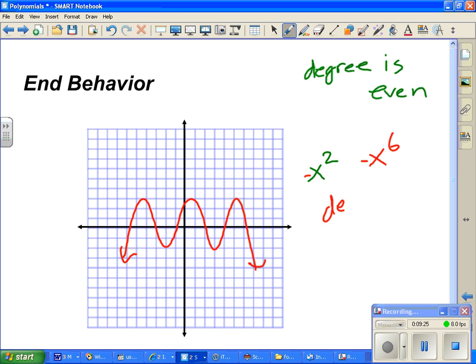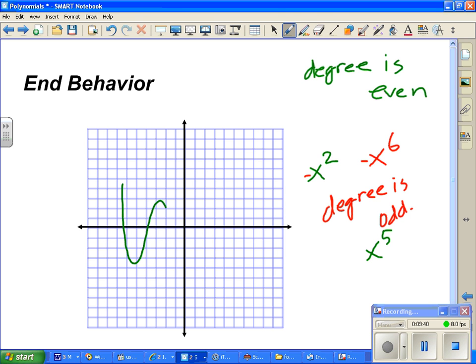If the degree is odd, then what happens? Well, if the degree is odd, like let's say x to the 5th: 1, 2, 3, 4, 5. Uh-oh. If it's odd, they're both going to go opposite directions.